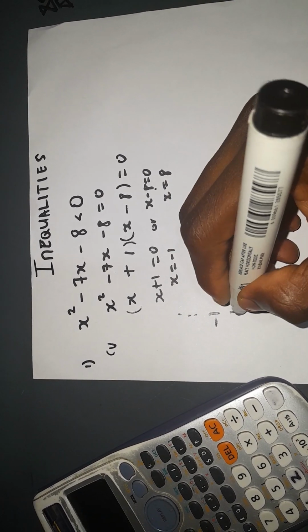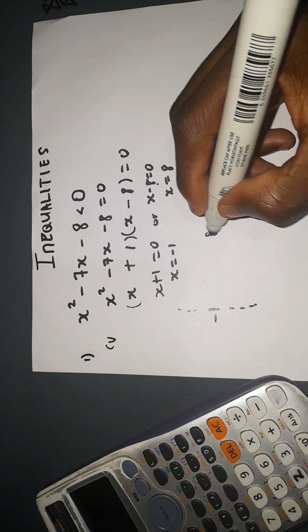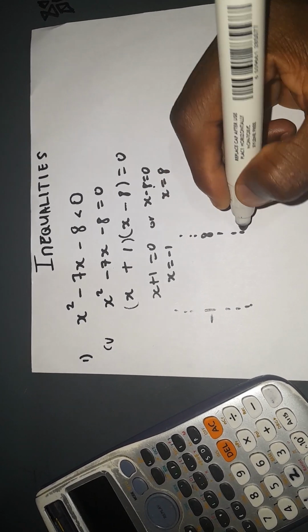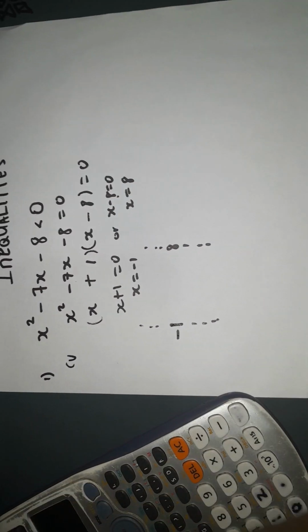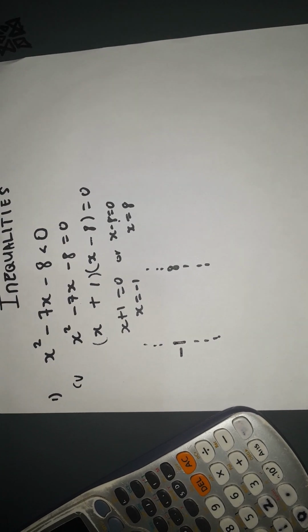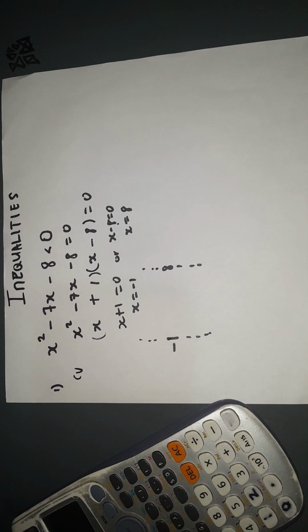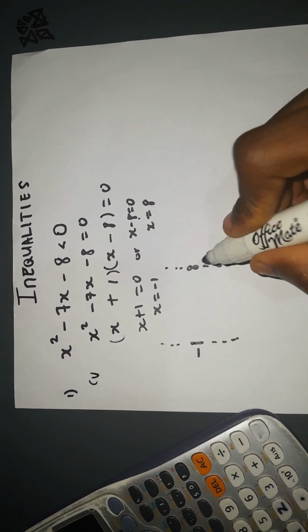I say this is -1 on the number line, and this is 8. Since we know that on the number line we have the integers, the negative numbers and the positive numbers, let's try to find any number that is in between -1 and 8.